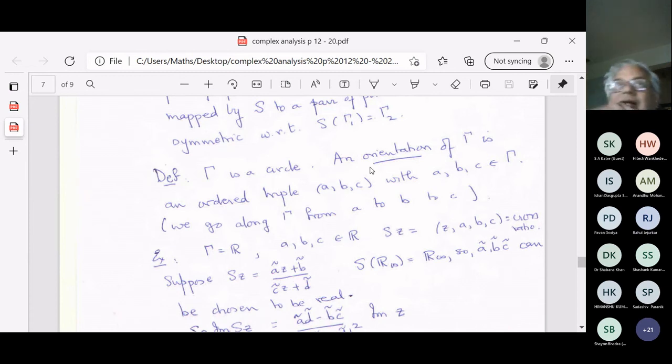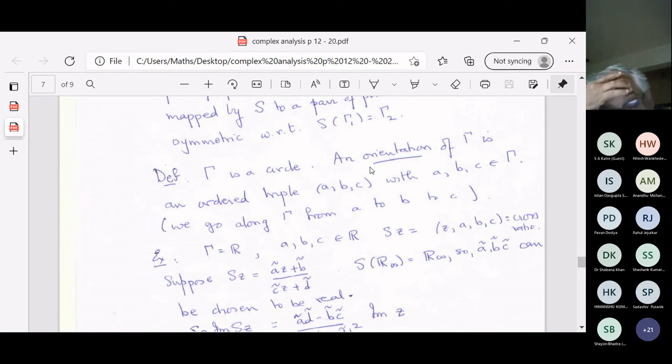Similarly, if you have a circle and you take two points on the circle, say 1 and -1 on the unit circle, how can I go from 1 to -1? I can go along the upper part or I can go along the lower part. So two points do not determine the orientation.